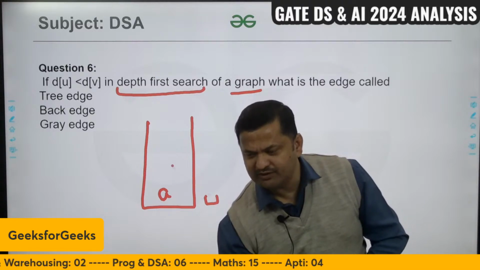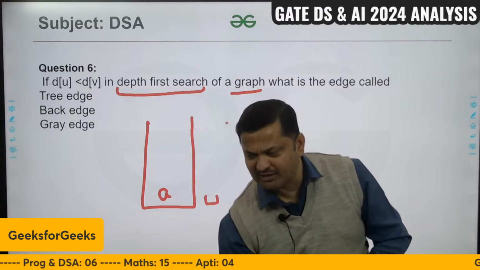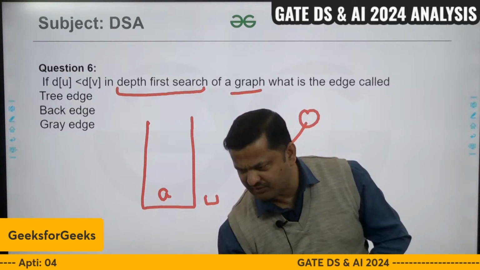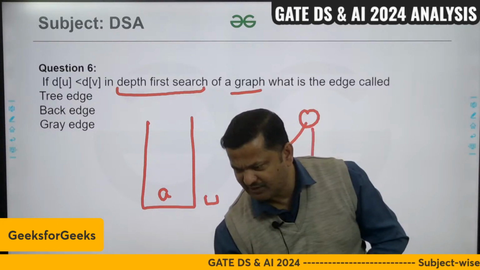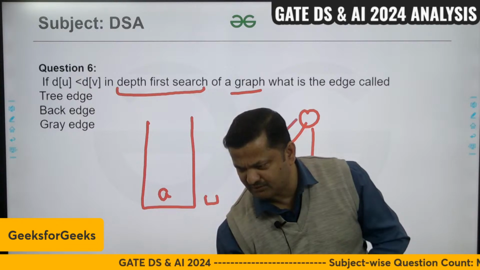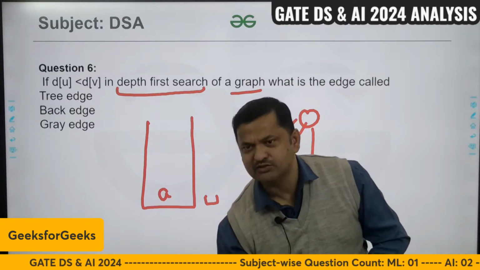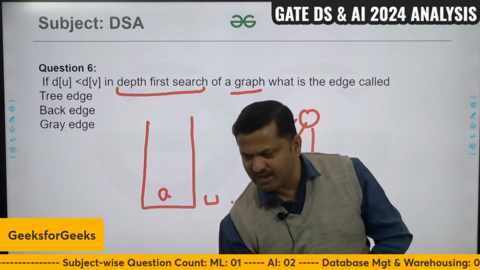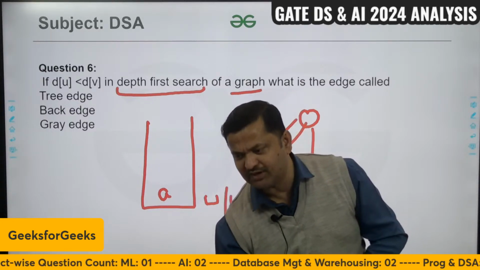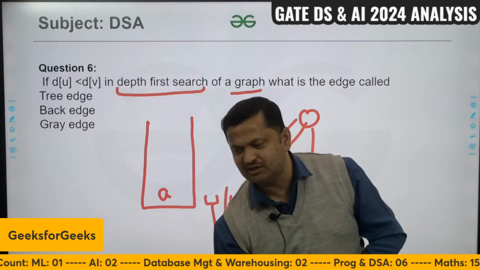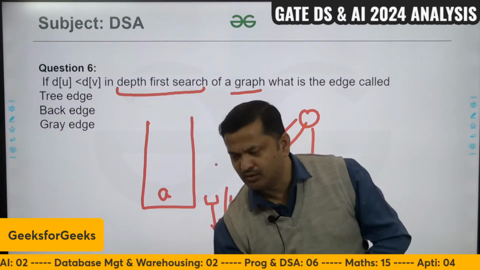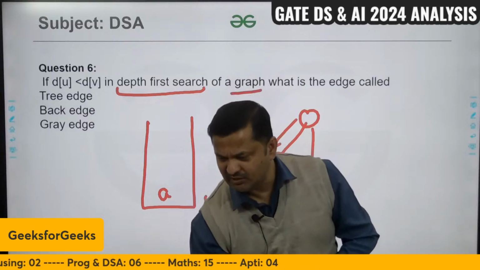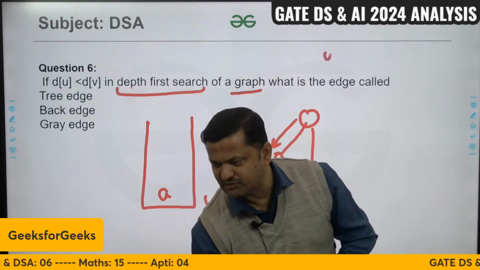Whenever there is a dead end at any particular node while visiting a graph, let's say this is the graph and I have followed this node, come to this node, now there is no further visit. So what we have to do is backtrack, and during the backtrack I assign a new time. This is the forward timestamp and this is the backward timestamp. During every edge visit we have an edge represented as u and v.